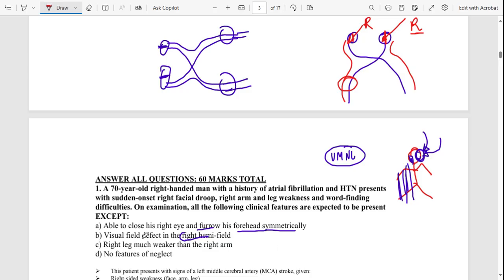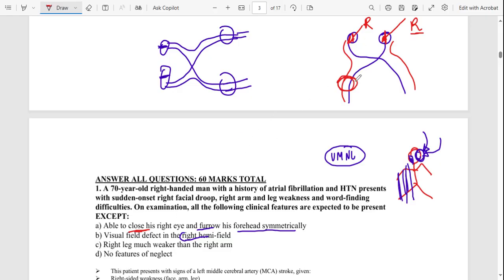Now for A, able to close his right eye: the closure of the eyes is not concerned with the fibers that are carrying vision. Closure of the eyes is something different, where we are talking about the eyelid in that case.